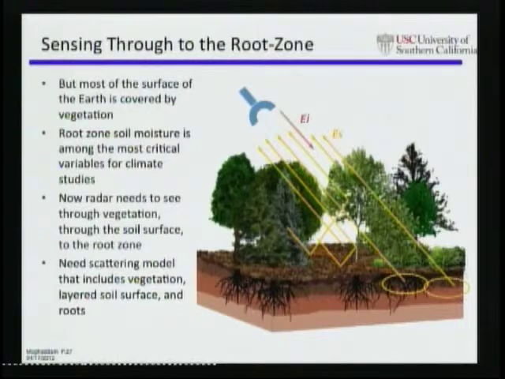Now, the next problem that we are solving is that, of course, in the subsurface, if you have trees, they have roots, and these roots are electromagnetically very important because they have very high permittivity. They have much higher permittivity than the soil around them. So they alter the effective dielectric constant of the subsurface.